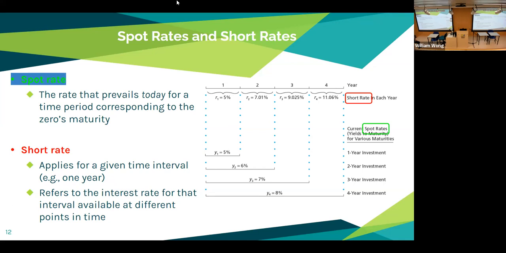That's 5 plus 7. 7%, that's let's say 3 years, 21%. 5 plus 7 plus 9, that's 21%. This is how you should read it. So 8% for 4 years, that's 32%, right? 32%, you add all these up, that's about 30%.